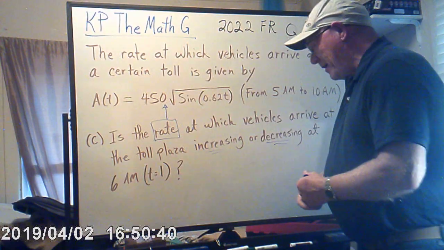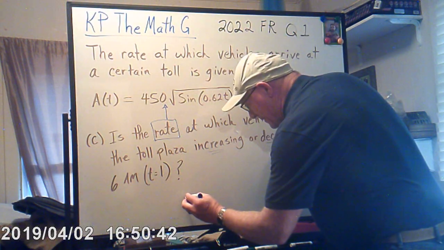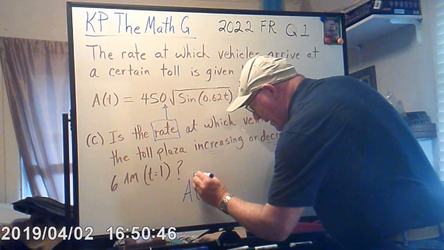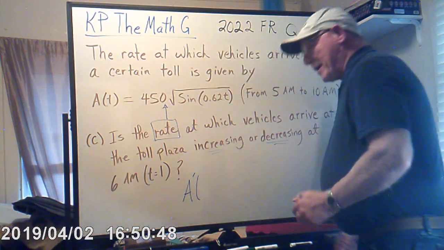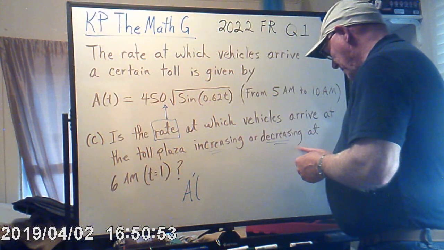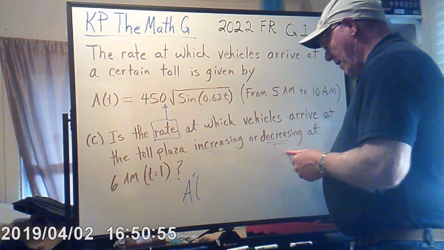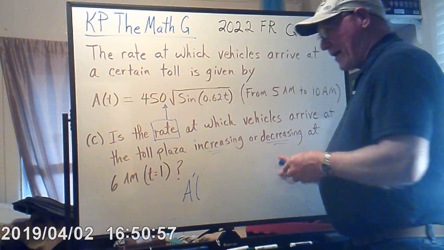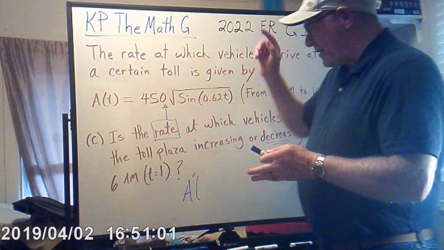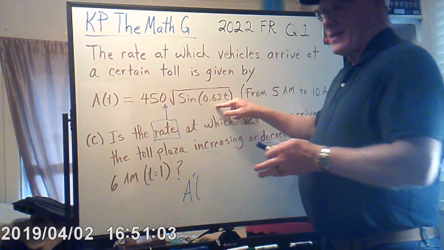So what we really want to find here, ladies and gentlemen, is A prime. Now why A prime? Because you're taking a derivative, because it says increasing or decreasing. Anytime you see something increasing or decreasing, you're going to take a derivative of whatever this is.